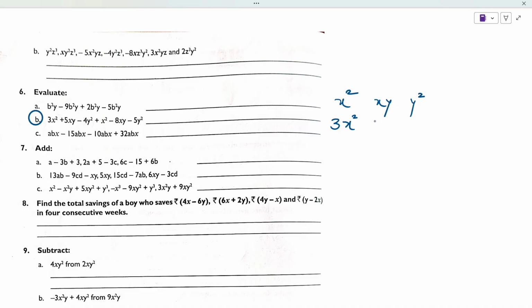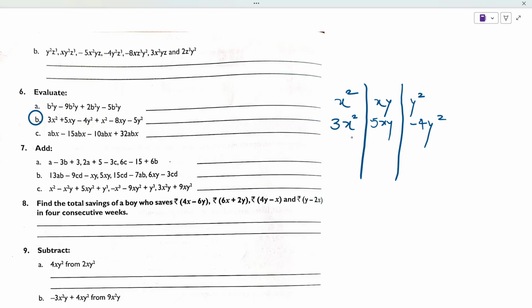Then we have 5xy, positive 5xy, so we will write under this column. And then in y square we have minus of 4y square. These are the first three terms separated.